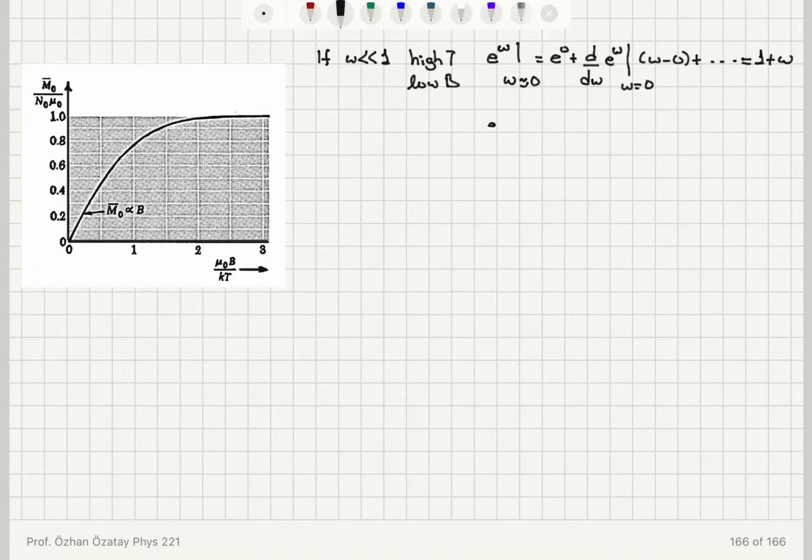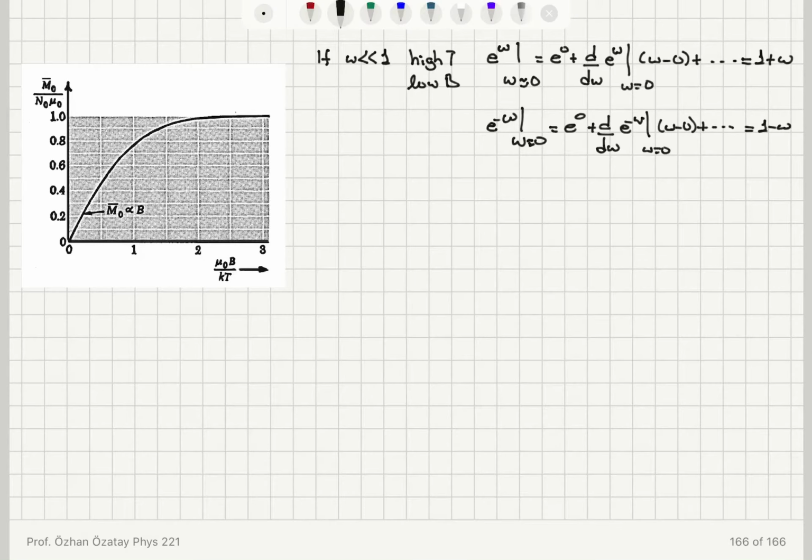And in the other exponential, e to the minus omega, for omega equal to 0, I have e to the 0 plus d by d omega of e to the minus omega evaluated at omega equals 0, times omega minus 0, plus higher order terms. This will be 1 minus omega.